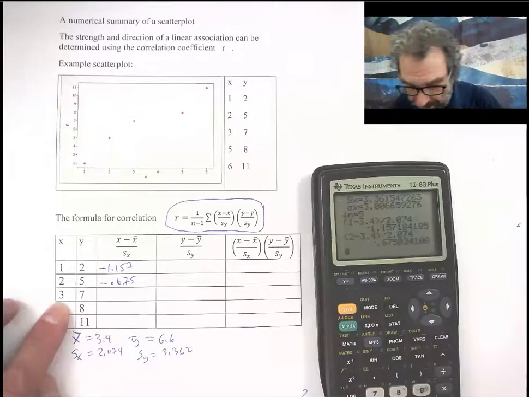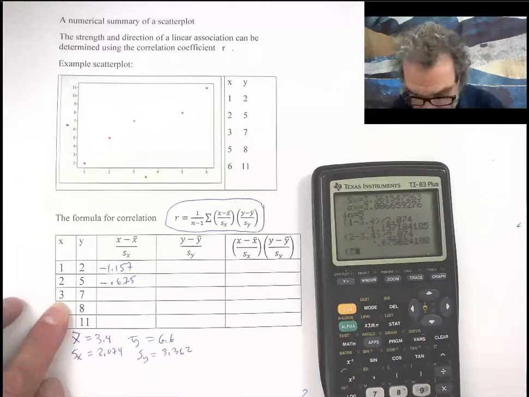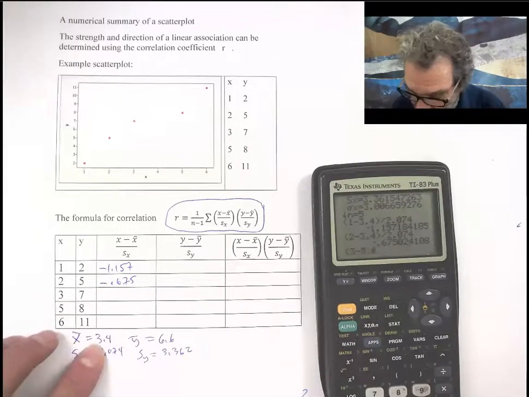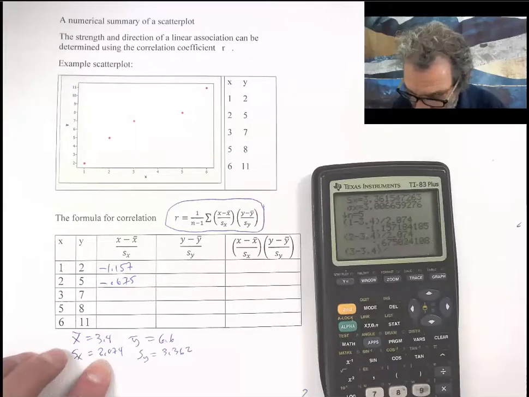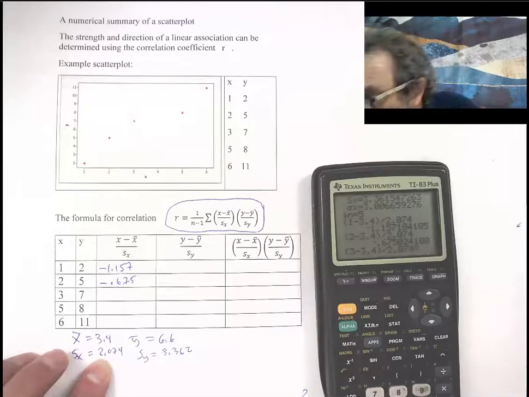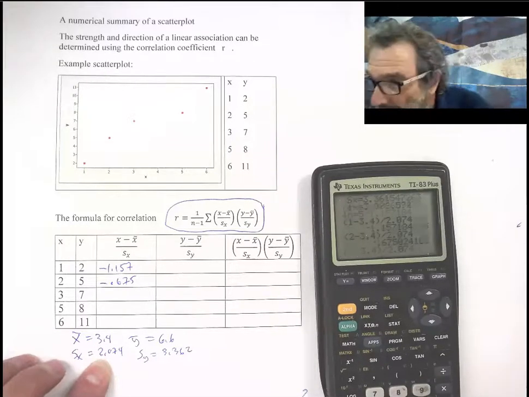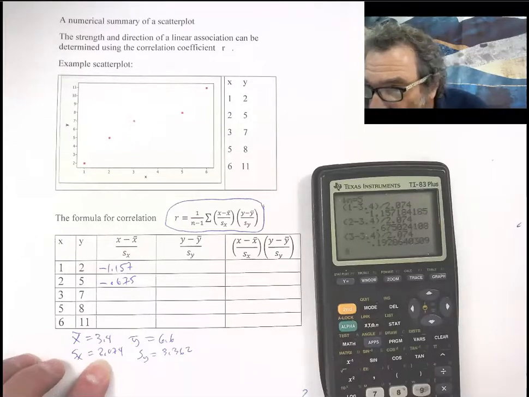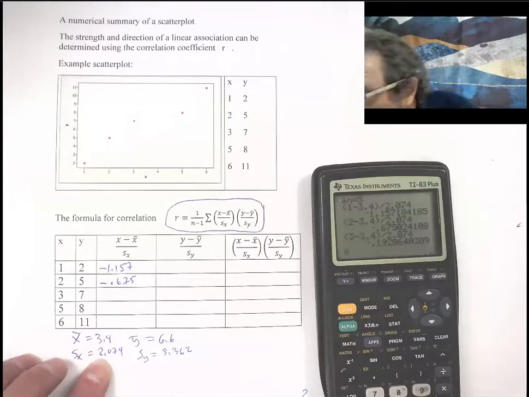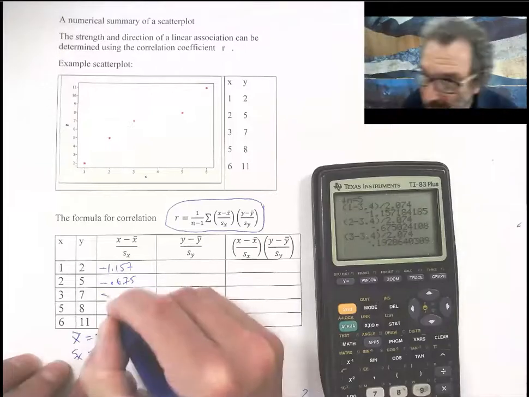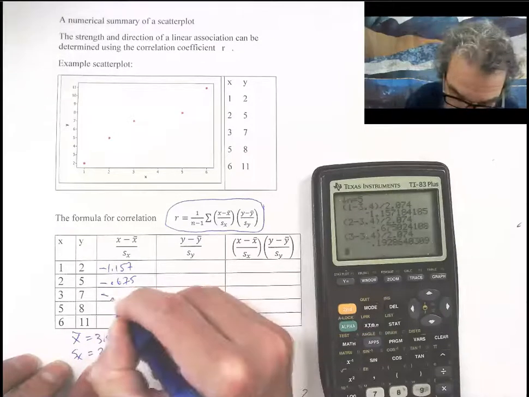And we do it with 3. Parentheses 3 minus 3.4, divided by 2.074. Okay, minus 0.193.